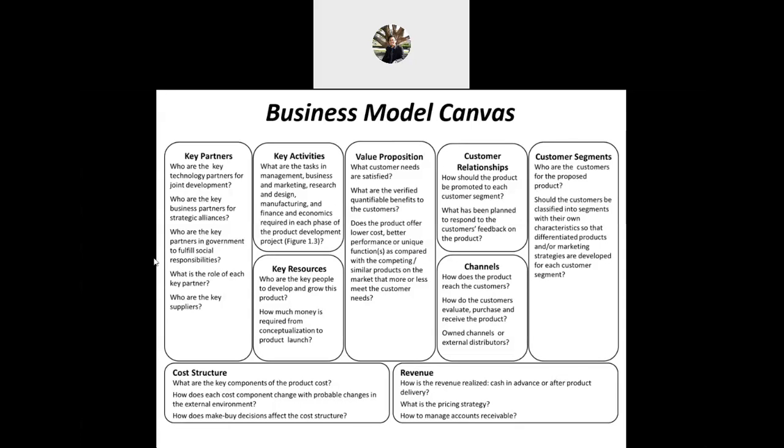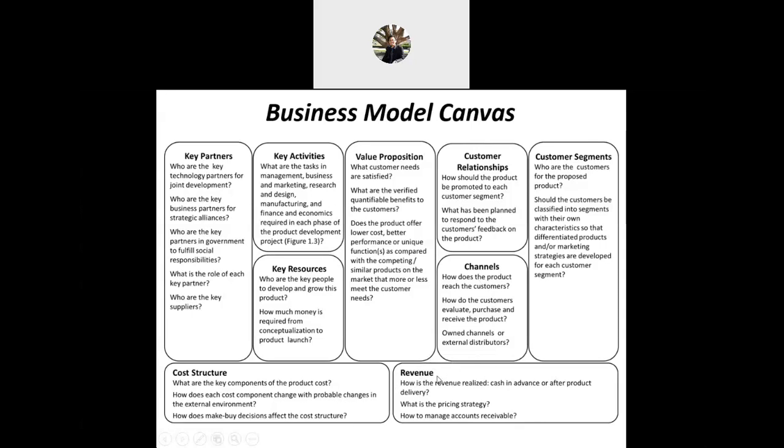So we get here the key activities, what the task management, business and marketing are, key resources, and value proposition. It should follow this type of business model canvas. Customer relationship: how the product should be promoted. And then channel: how the product reaches the customer, which I already explained. Revenue.